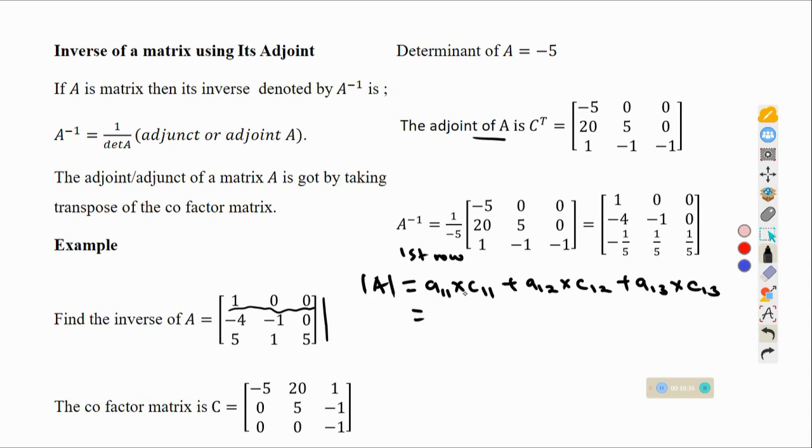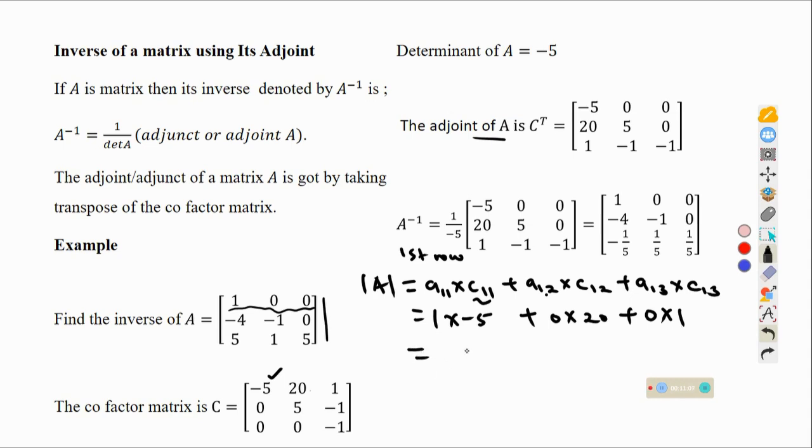Since we have already got the cofactors, it will be easier for us. So A11 is 1, the cofactor C11 is -5, so we shall have -5, plus A12, which is 0, times C12, which is 20, plus A13, which is 0, times C13, which is 1.